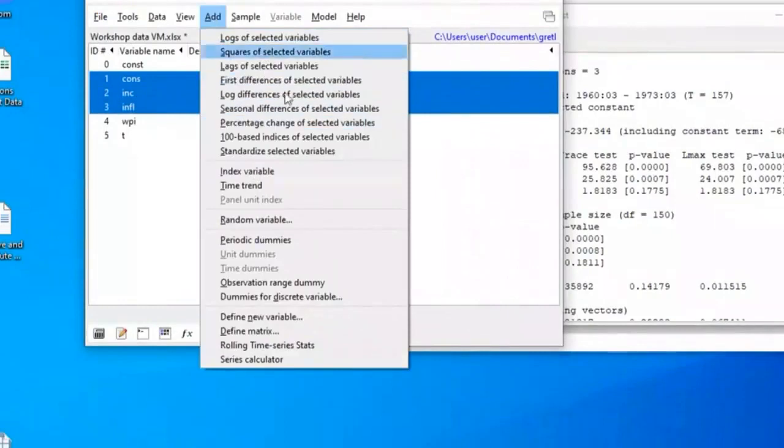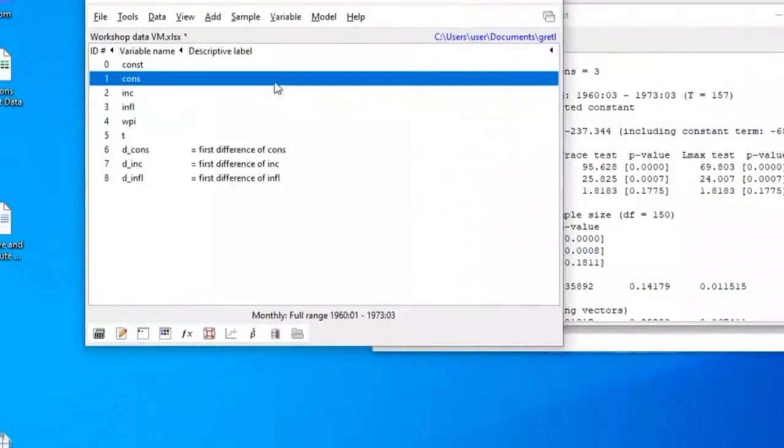A large number of options are here. We want the first difference of the selected variables. Click that and we get delta consumption, delta income, and delta inflation, the first difference of these three variables. Now we know these three variables are stationary.